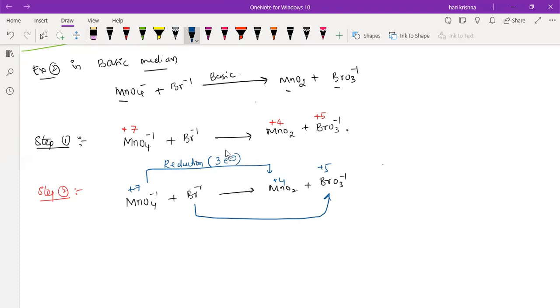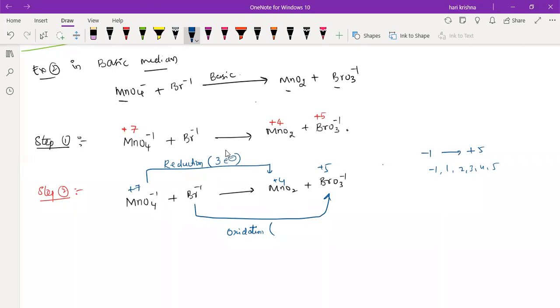What about the bromine? It is oxidation. How many electrons is it gaining? Sorry, losing. Is it 5? Going from minus 1 to plus 5. Check it again. Minus 1... 1, 2, 3, 4, 5, 6, right?